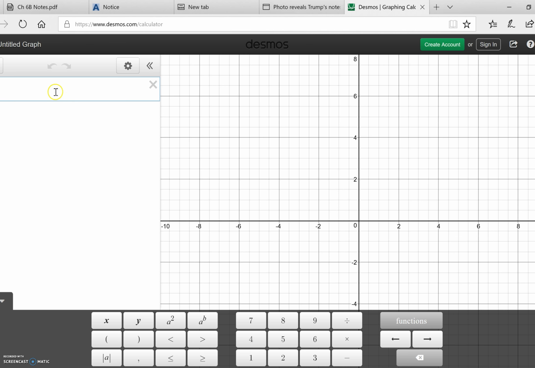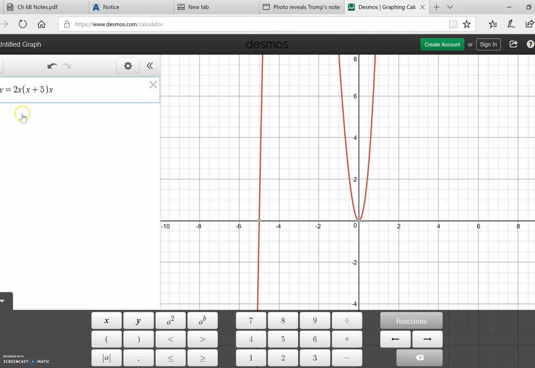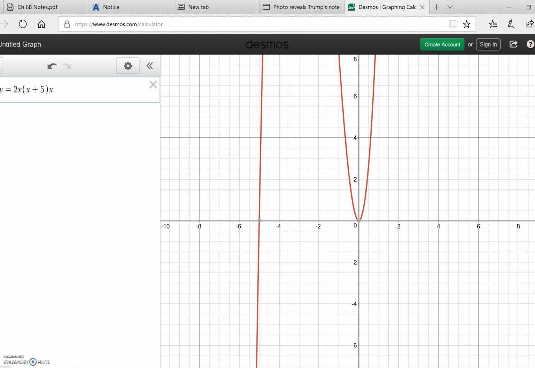So you can see for our y equals, we want to go to this entry right here and type in y equals. And you can see what we had done before. We had 2x parentheses x plus 5 times an x. Now, you can go in any of those orders, and that would definitely be okay.